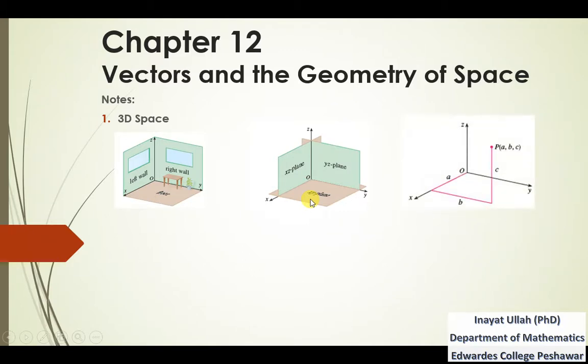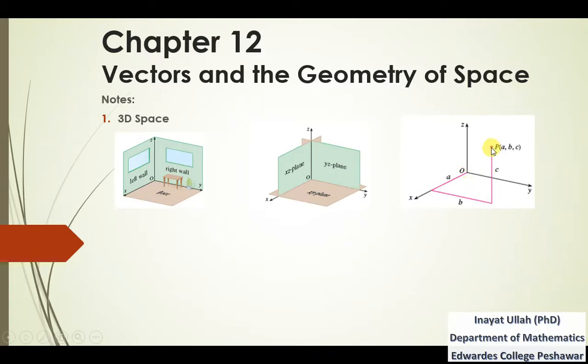Now how could we plot a point which contains x coordinate, y coordinate, and z coordinate, and lies in the space somewhere in your room, that is in the space, P(a, b, c), where a is the x coordinate and b is the y coordinate, and this vertical distance c is actually the z coordinate.